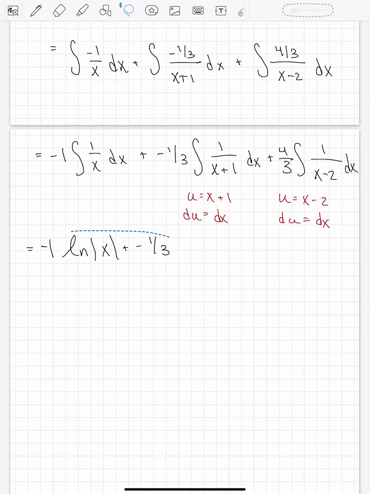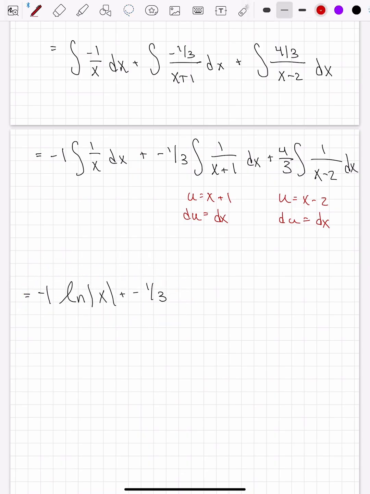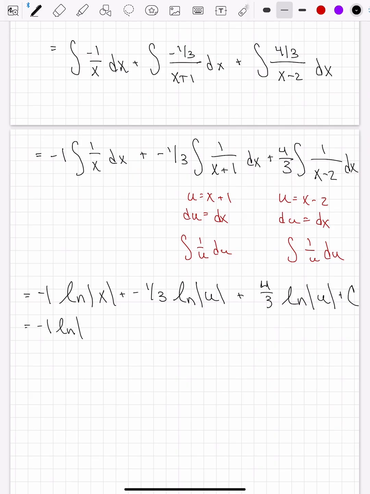So then this becomes the integral of 1 over u du, and the integral of 1 over u du. So then, right, we end up with ln of the absolute value of u, and we have our plus c. Just make sure you plug in the correct u's back into the correct spot. So this u was x plus 1, and this u was x minus 2.